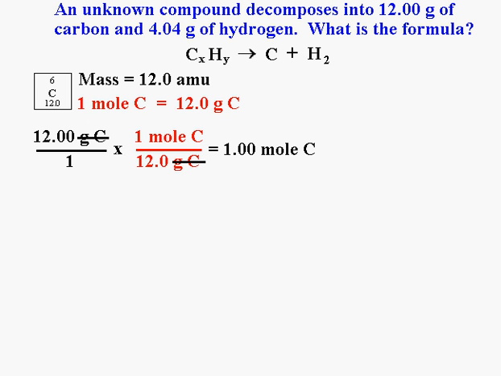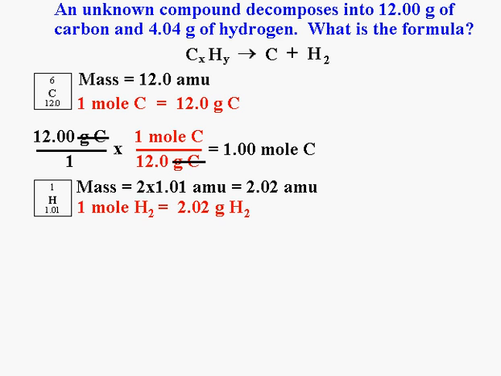Now we do the same thing for hydrogen. The chemist produced 4.04 grams of hydrogen. The entry on the periodic chart tells me that a hydrogen atom has a mass of 1.01. We're not dealing with hydrogen atoms in the equation, though. We're dealing with hydrogen molecules because hydrogen's a homonuclear diatomic. So the mass of H2 is 2 times 1.01, or 2.02 AMUs.